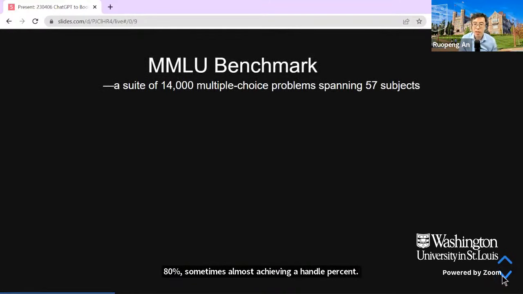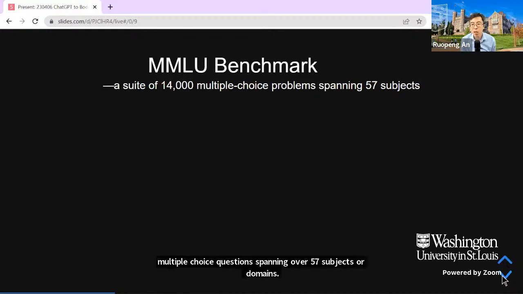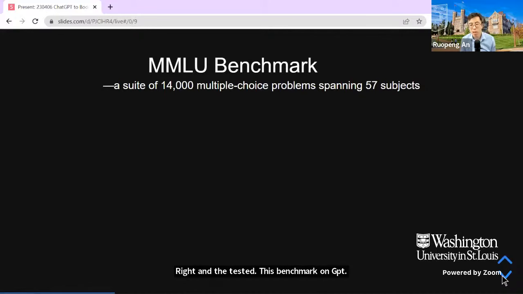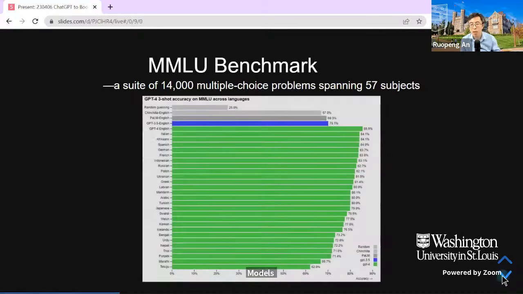And besides that, OpenAI also tested the GPT models on the so-called MMLU benchmark. So basically, that benchmark is a suite of 14,000 multiple choice questions spanning over 57 subjects or domains. Okay? And they tested this benchmark on GPT models using different languages. Besides English, they used many other less common languages as well.